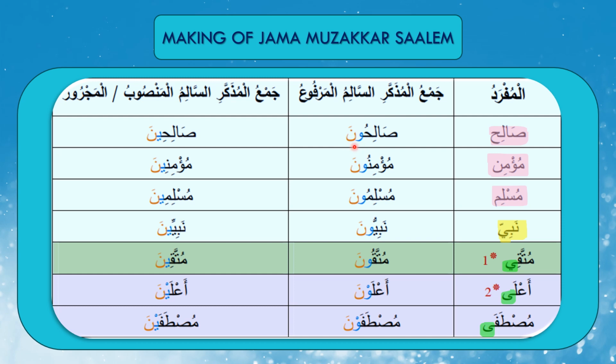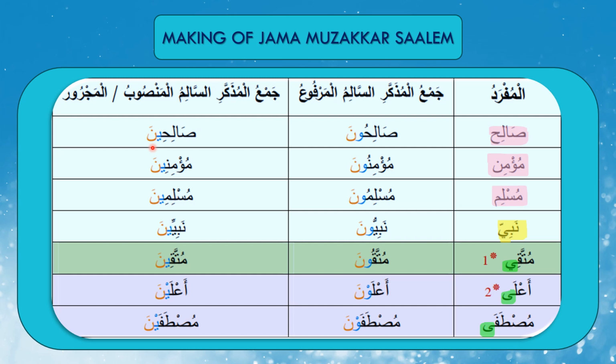In mansoob and majroor case, you add ya and noon as a suffix. I should have mentioned this earlier, but in mansoob and majroor the letters have changed from waw to ya. And in all the Jama Muzakkar Salim, in marfu and in mansoob and majroor case, you can see the red color noon with fatha.